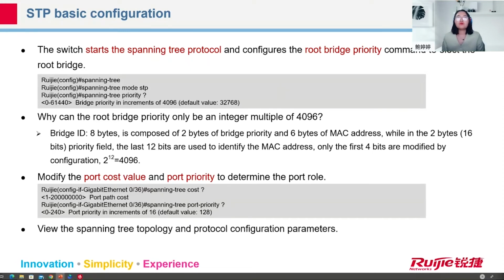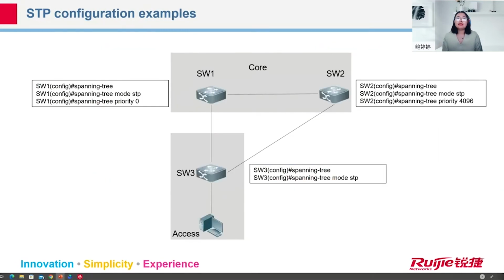Okay, after we finish, we can use some commands to check the result, like show spanning-tree summary. Okay, and here is an example. We have 3 switches, and 1 and 2 are core switches, and switch 3 is an access switch. So usually the core switch performance is higher than the access, right?